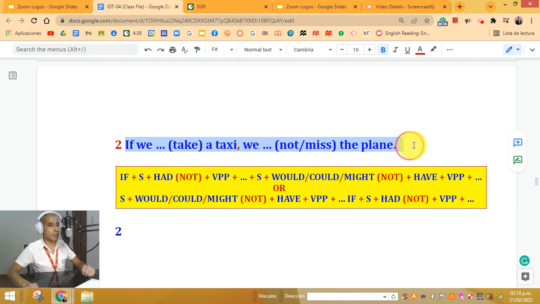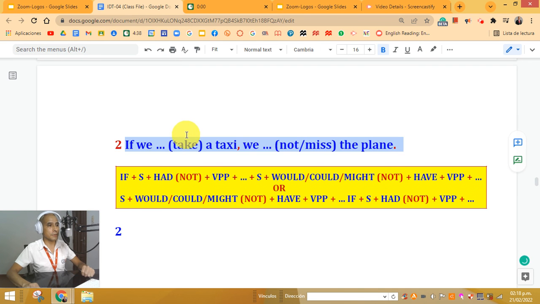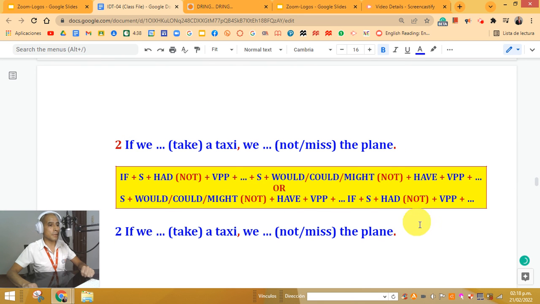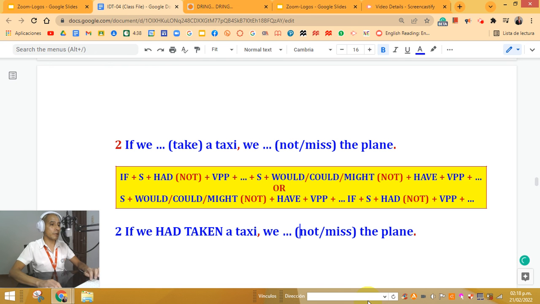Here, I'm going to copy and paste, so it's going to be much easier for me to do the exercise because of the time. Okay, let's see. In this case, I have to use formula number one. So I say, if we had taken, the verb in the past participle, a taxi, we.